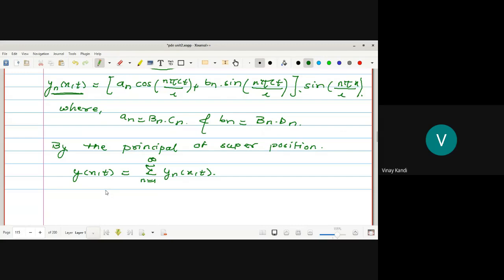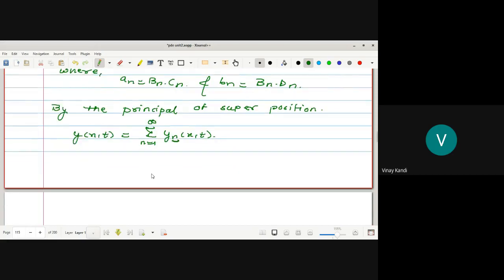Okay, by the principle of superposition, we can write y of x,t, that solution, is equal to n running from 1 to infinity. Here your n changes. So therefore write down the value of yn of x,t.